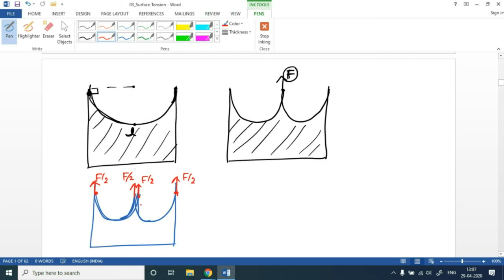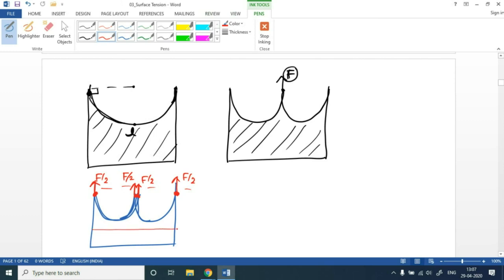So the total force exerted by this contact and this contact, and the pulling force F over here, the total force that this thin membrane or this thread is experiencing in the vertically upward direction is the sum of all these quantities, that is nothing but 2F.